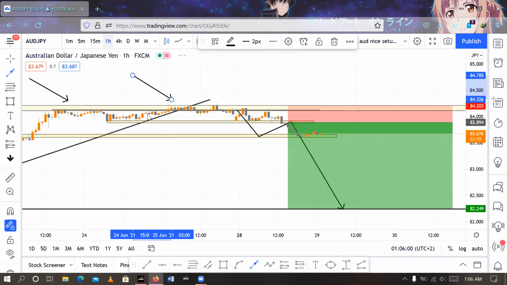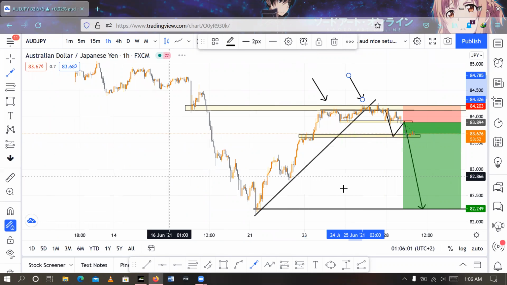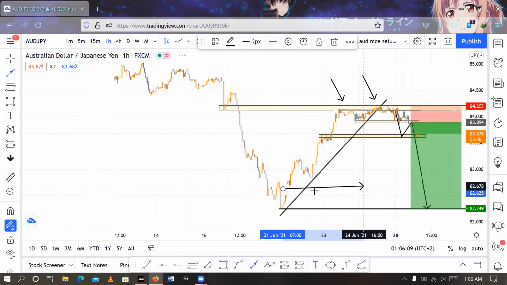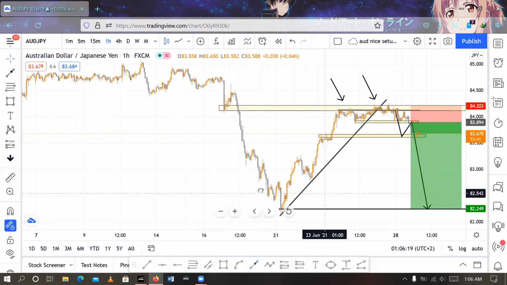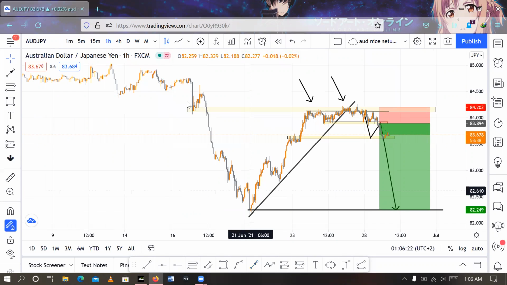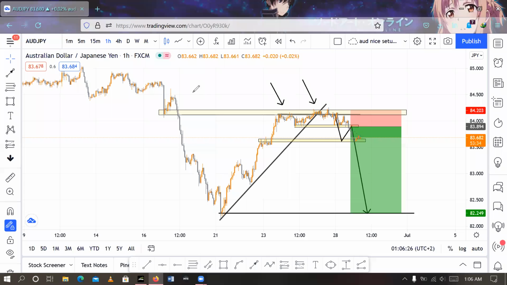Now, on the 1-hour time frame, we were able to identify the levels which we needed in order to build confidence when trading this pair, right? Okay, so as we can see here, the market had pushed to the downside impulsively, and now we are pushing to the upside, forming levels in the market, right?